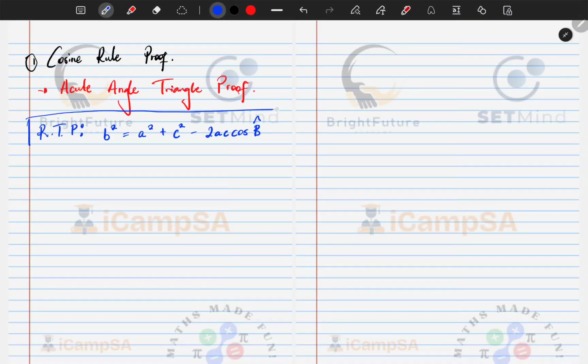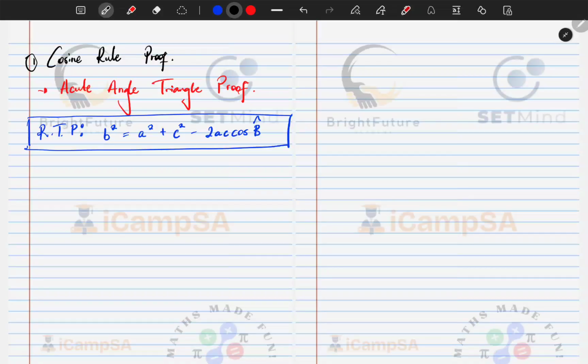Obviously this does not mean the others are not true. Even if it started with a squared equals b squared plus c squared, it would have been true. It just depends on how you choose to name your angles and your sides.